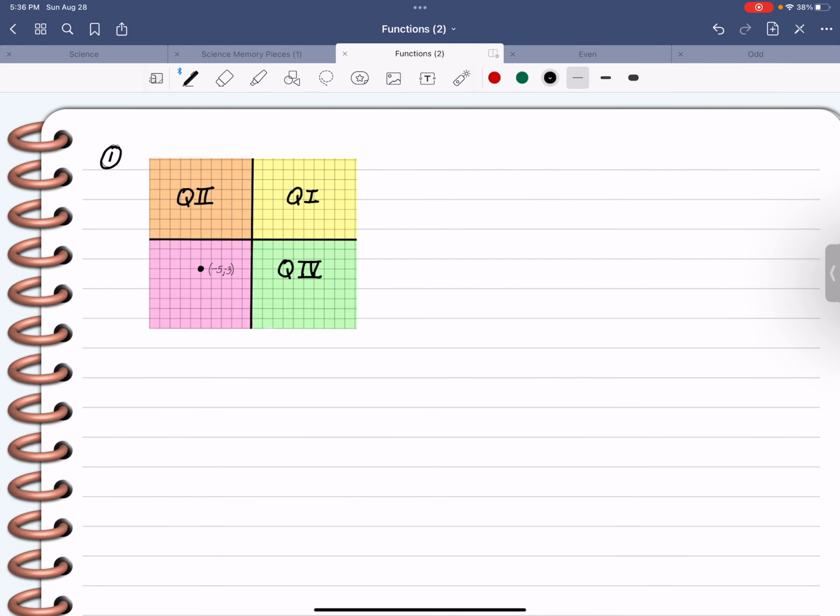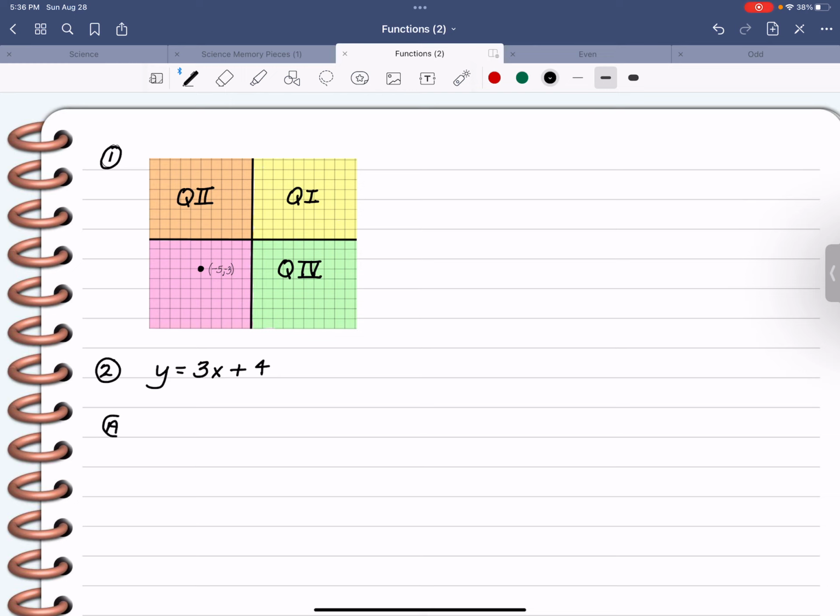All right, number 2. Which point or points lie on the line described by the equation y equals 3x plus 4? And they want us to test 4 different points.